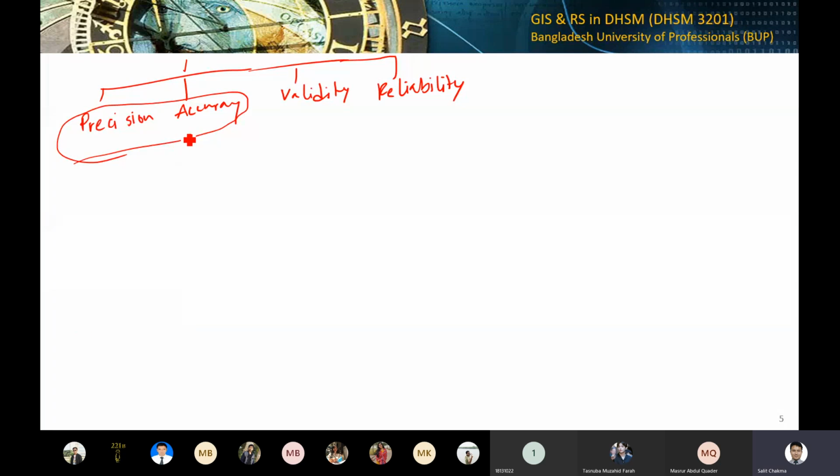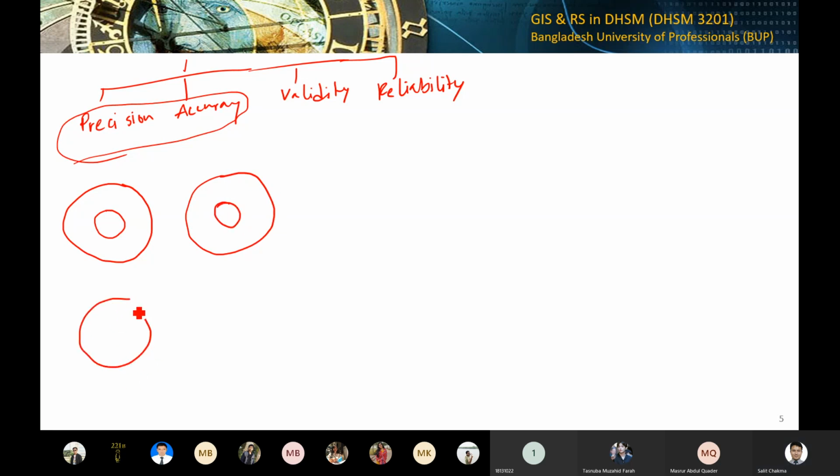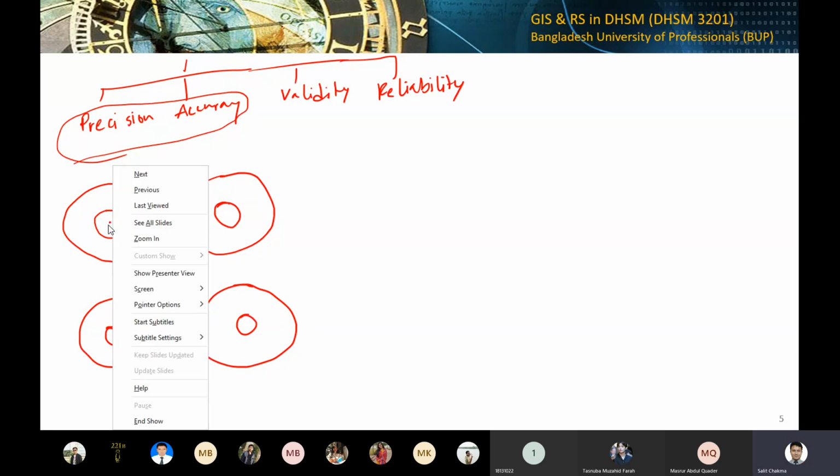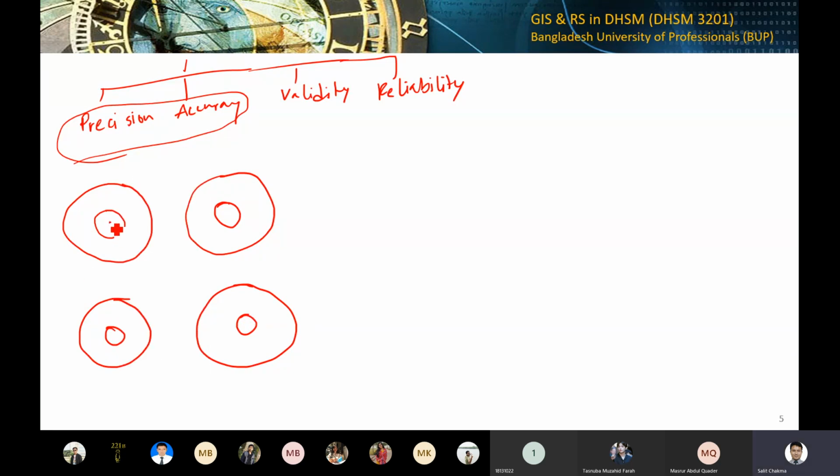For example, we do target practice, right? In different shooting competitions, these are the targets, or even in darts. So this is the center. This is our bullseye.